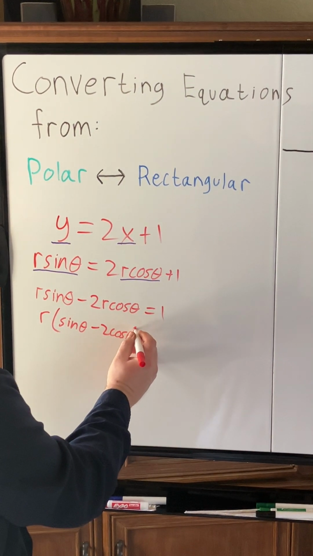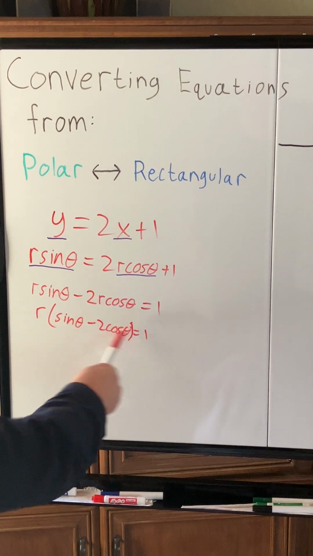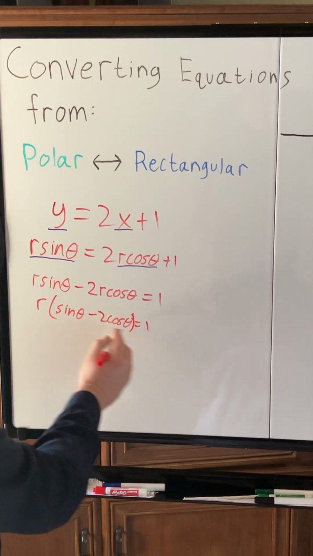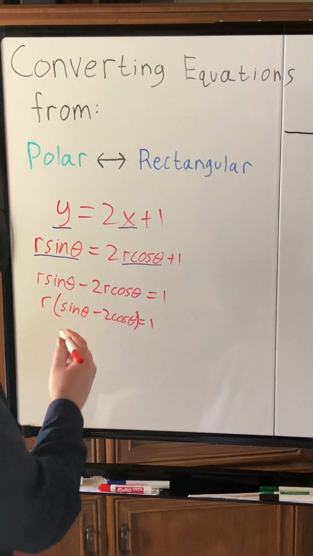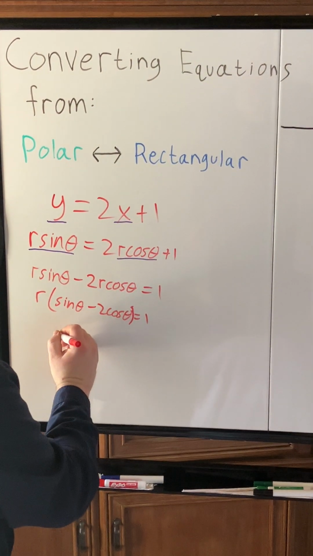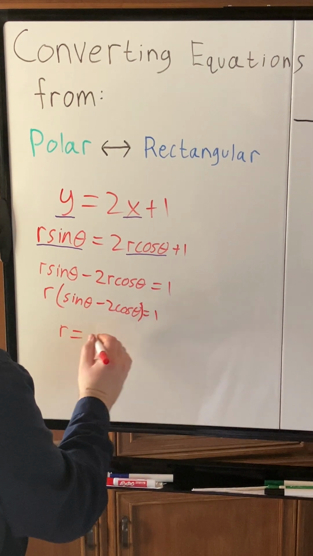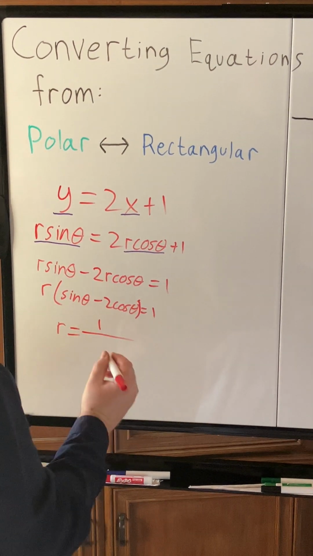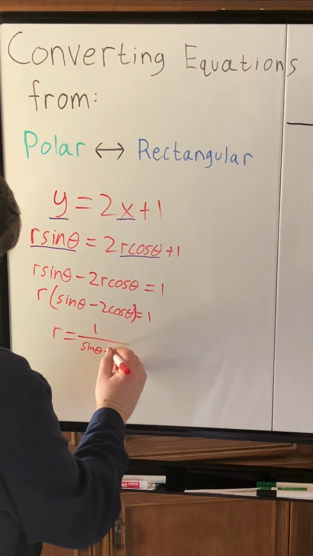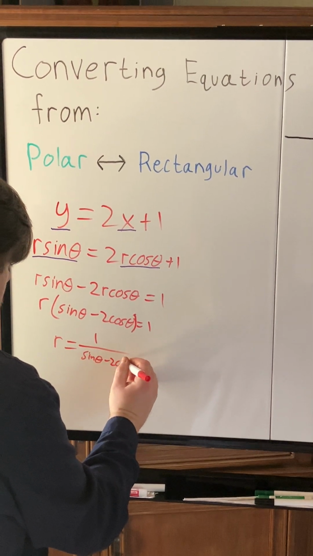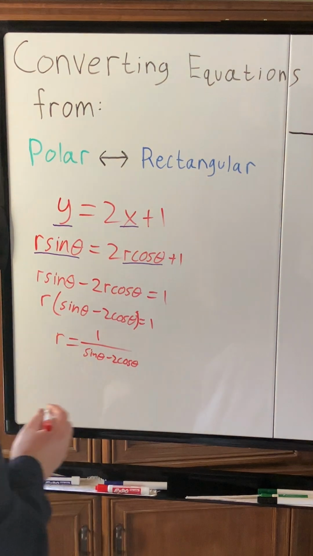And from here, you can't really do much other than divide both sides by this entire parentheses value. So we're going to have r equals 1 over sine theta minus 2 cosine theta.